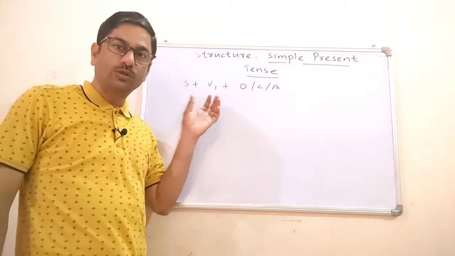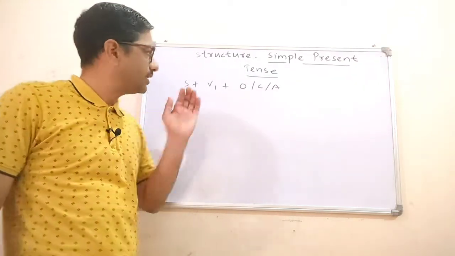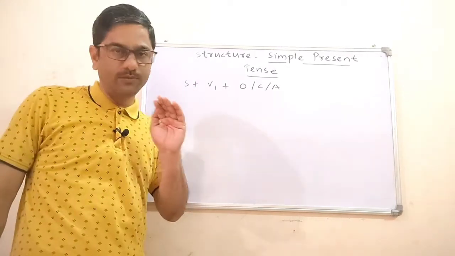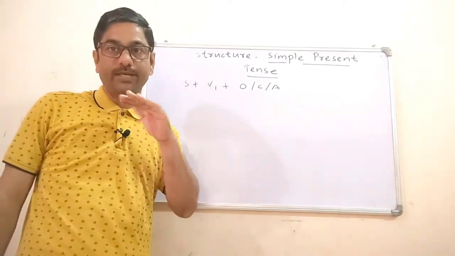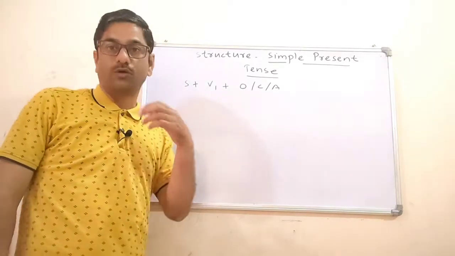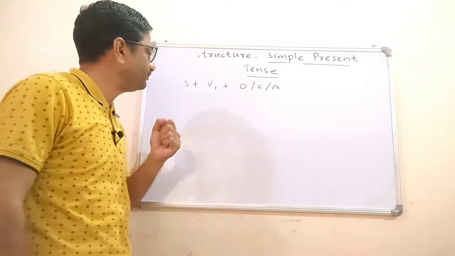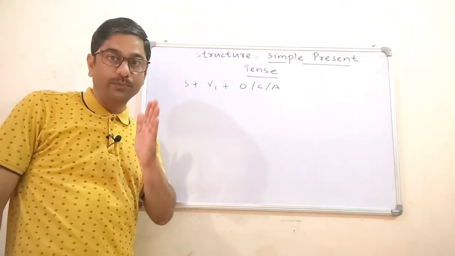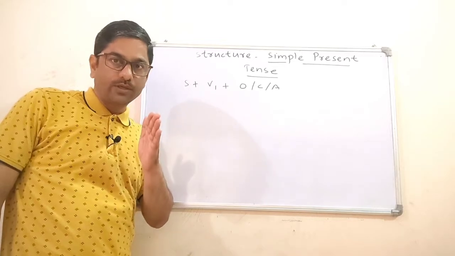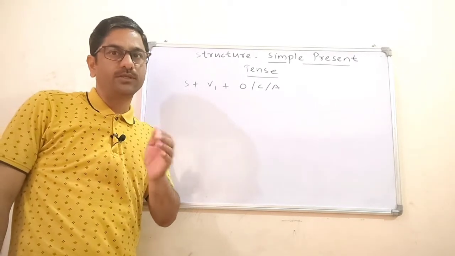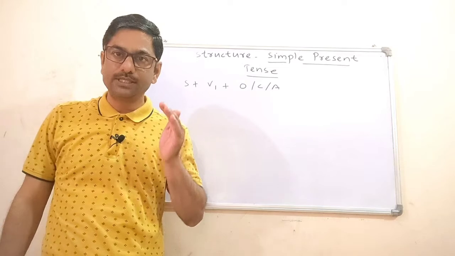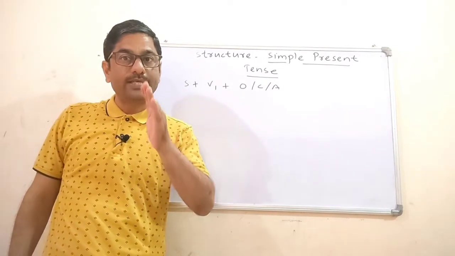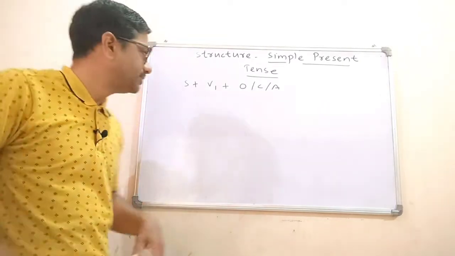Here you have to make use of the base form of the verb. After the subject you will make use of the base form of the verb, that is the B1 form, and after that there may come an object or complement or adverbial.